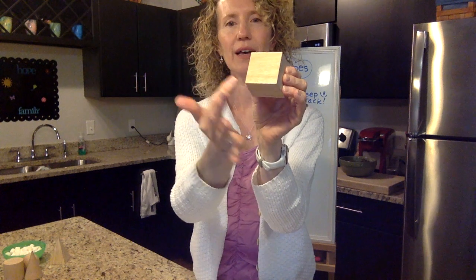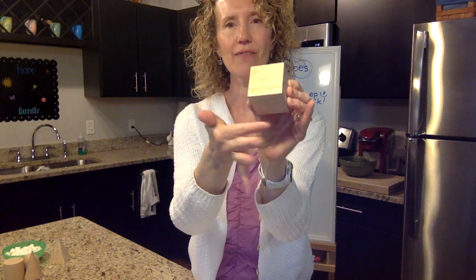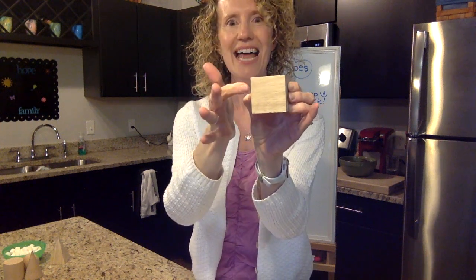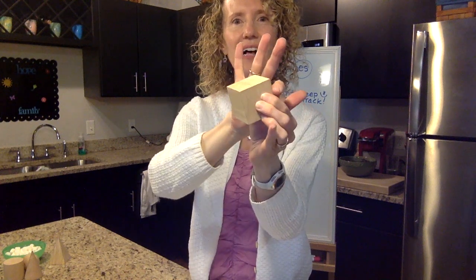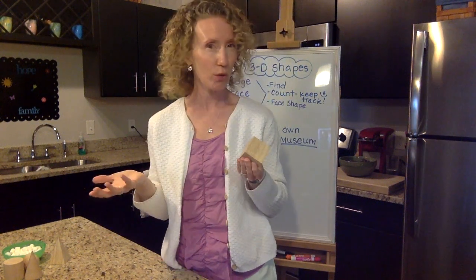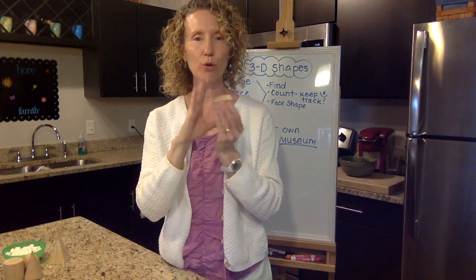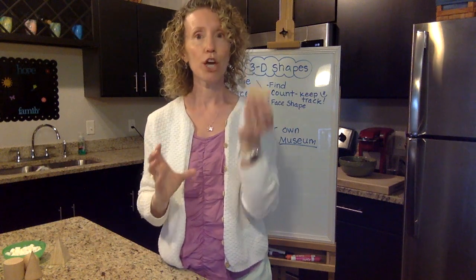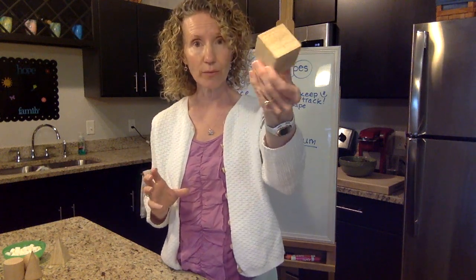Around the bottom, 5, 6, 7, 8, 9, 10, 11, 12. So you've got to figure out a system for when you're counting those, if you're ever asked a question about that, so that you know where you started and where you finished. 12 edges in this cube.